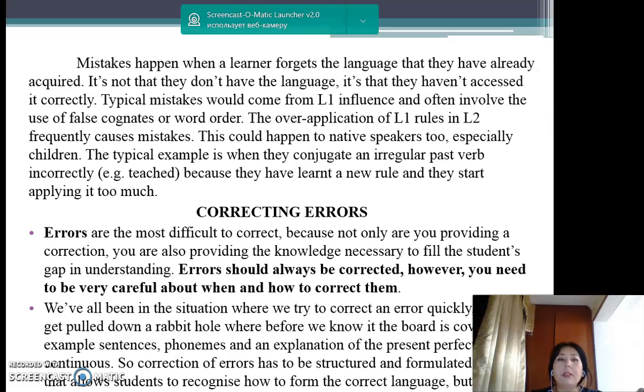We've all been in the situation where we try to correct an error quickly, only to get pulled down a rabbit hole where before we know it, the board is covered in example sentences, phonemes, and explanation of the present perfect continuous. So, correction of errors has to be structured and formulated in a way that allows students to recognize how to form the correct language, but without breaking the flow of the class.